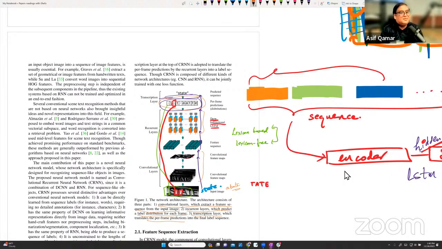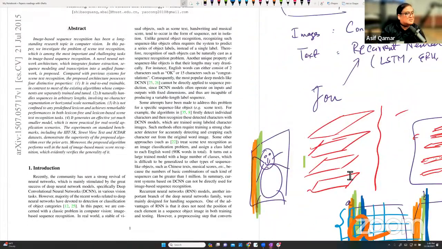Suppose the word state is not there in your lexicon. That's perfectly fine. It will still produce the word state if any of the probable words are not so likely. So you can do a lexicon-free generation also.